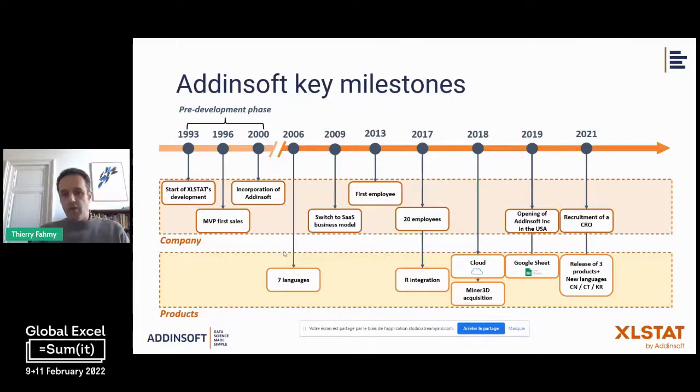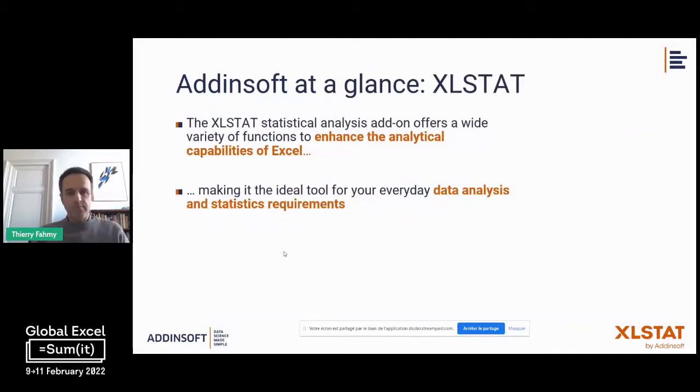We opened a branch in the USA in 2019. We also did a version for Google Sheets. And we are now in 2022, and we have grown the sales team, and we are about to release an API version of ExcelStat.